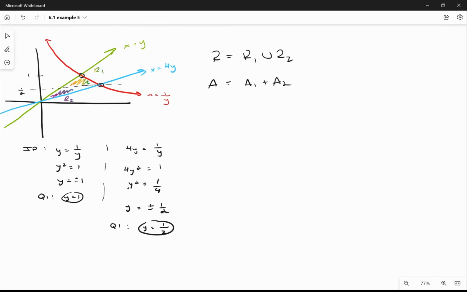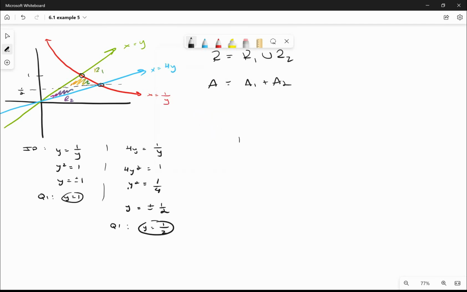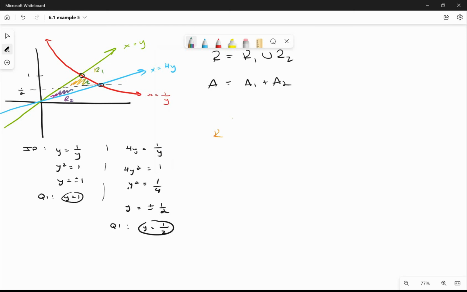So now let's do A1 first, which corresponds to region 1. Region 1 is this region from y equals 1/2 to y equals 1.